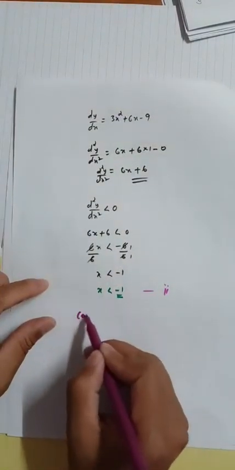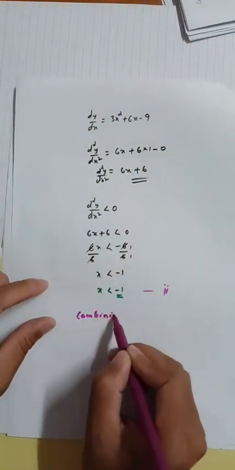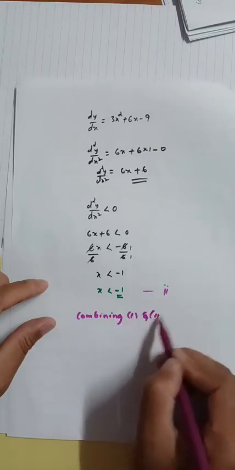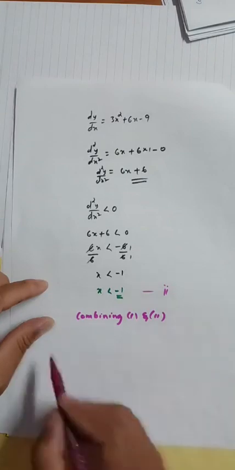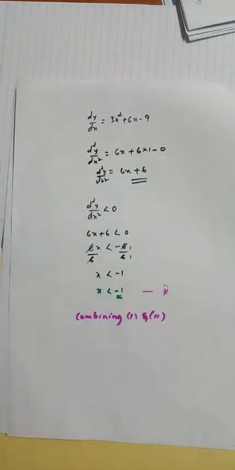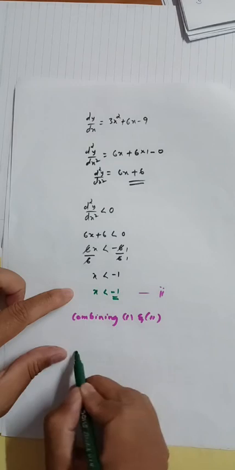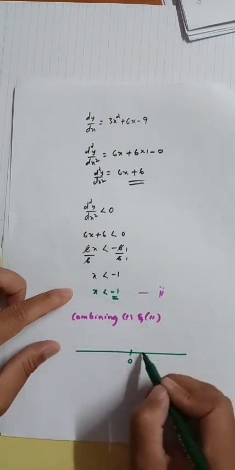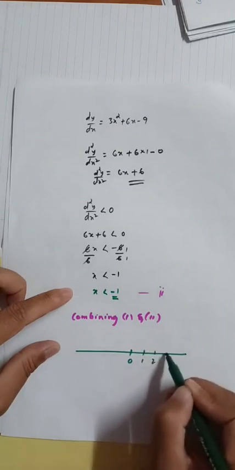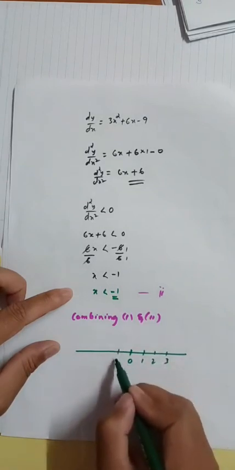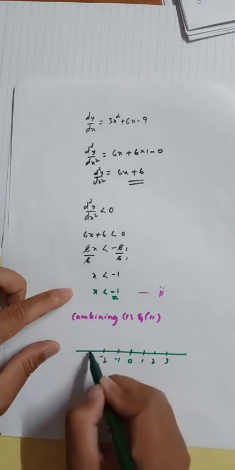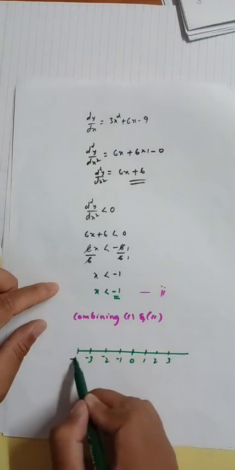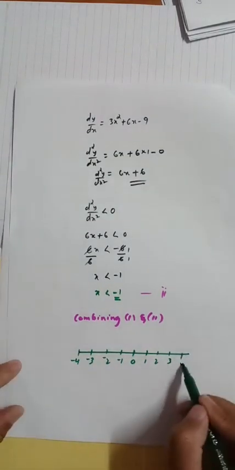Combining 1 and 2 on a number line. Draw a number line with 0, then 1, 2, 3, and negative 1, negative 2, negative 3, negative 4, and continue to 4, 5.